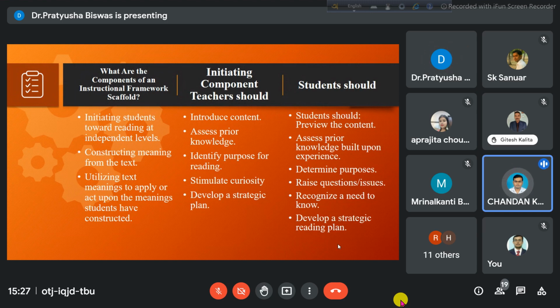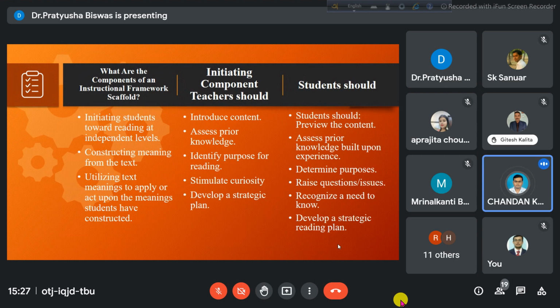To introduce content is about the instruction we give. The second point is assess prior knowledge. Regarding the subject matter, we have to assess whether there is any knowledge regarding this topic.